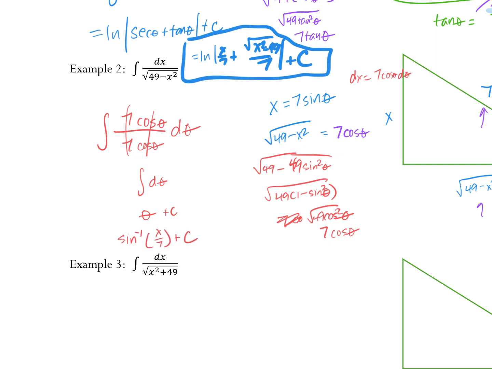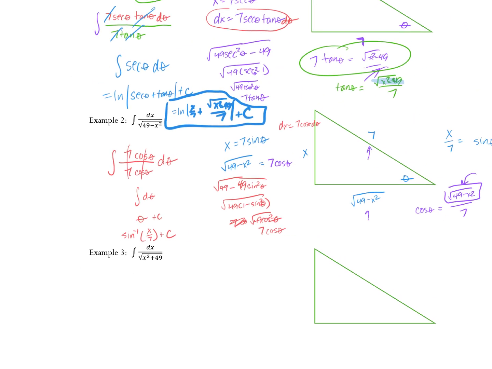Theta is arc sine of x over 7. Or, theta is arc cosine of the square root of 49 minus x squared over 7. Or, theta is arc tangent of x over the square root of 49 minus x squared. All of these are reasonable.